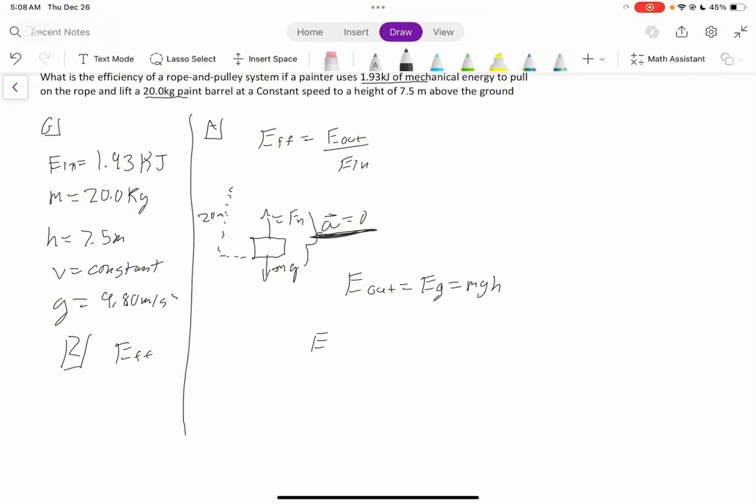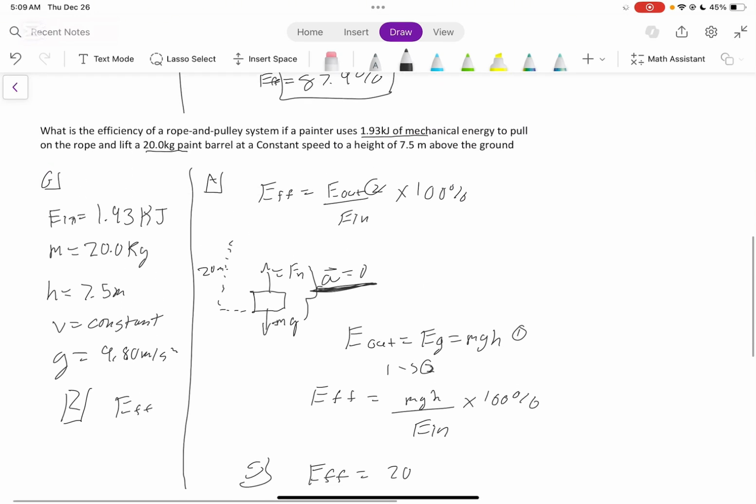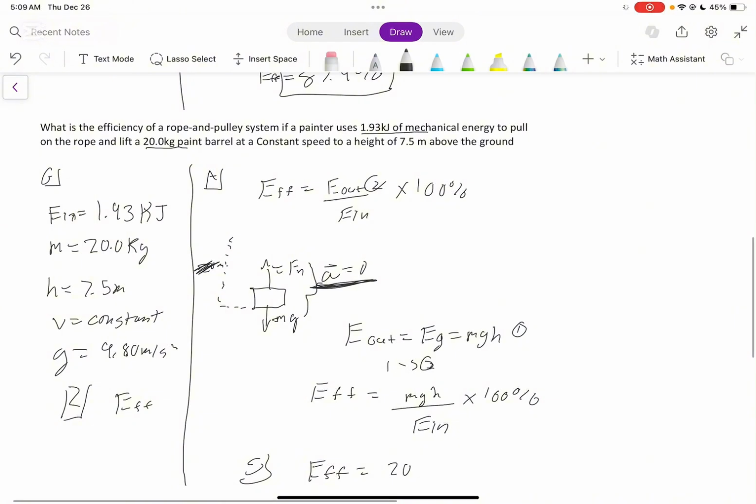And now we can go to EFF. We can sub it in: 1 into 2. EFF is equal to mgh divided by energy in, multiplied by 100%, of course. Now from here, it's just calculator work again. So EFF is equal to, pardon me, it wasn't 20, 20.0 kilograms is the mass and 7.5 meters is the height.